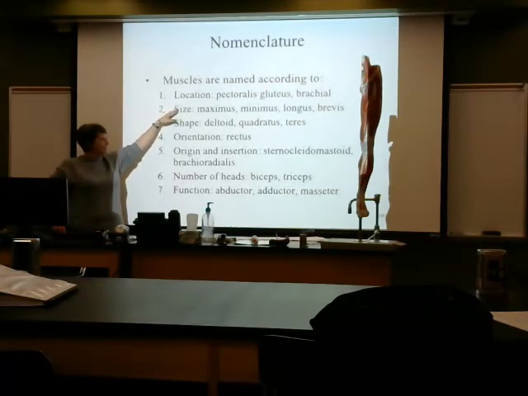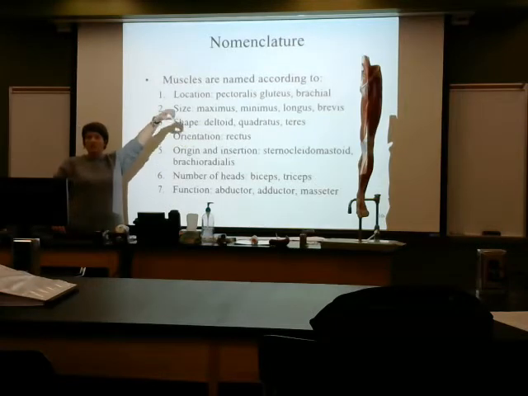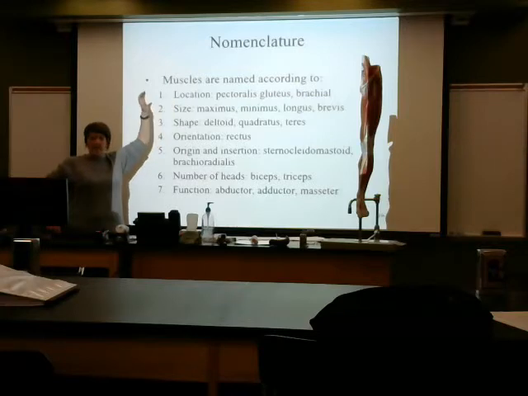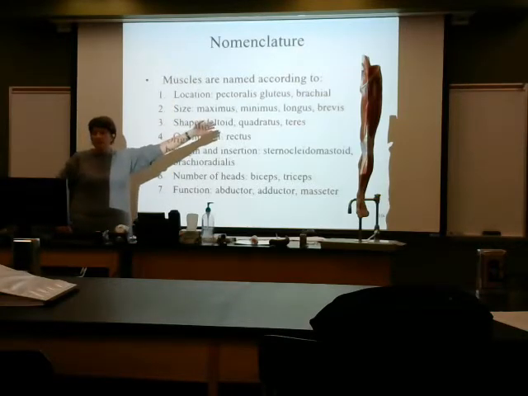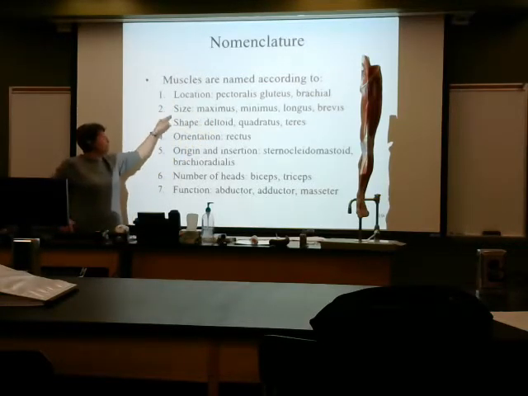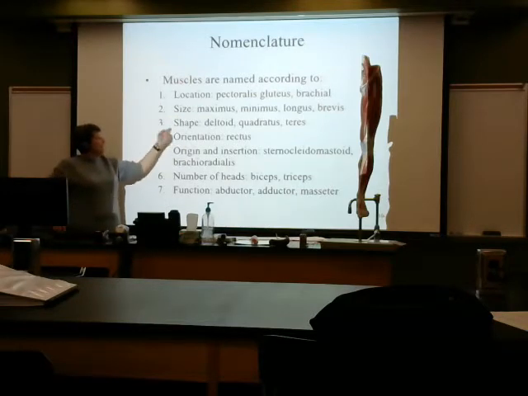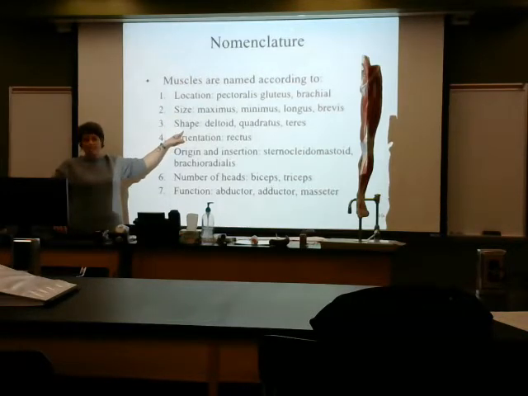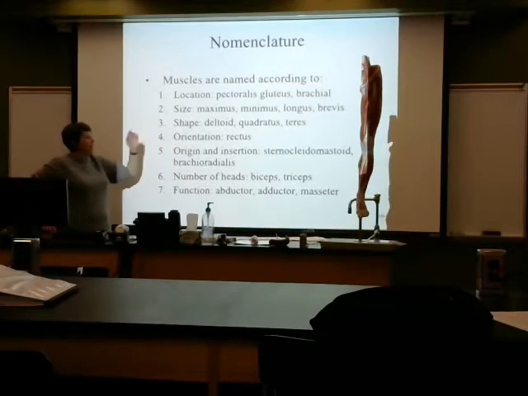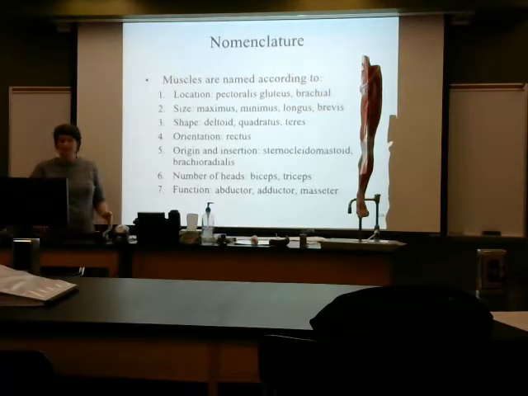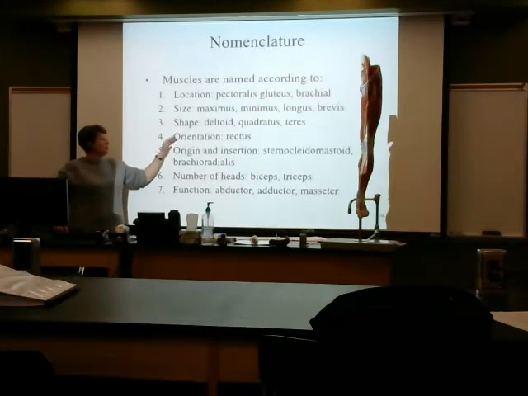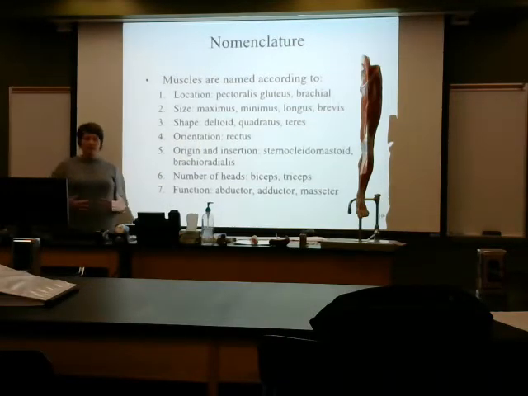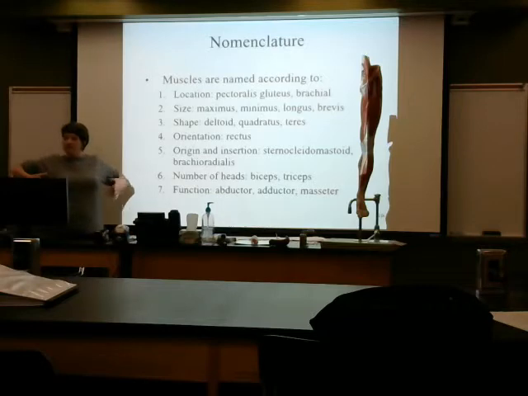The pectoralis major, the pectoralis minor, adductor longus. I can be told what the size of it is. I can be told the shape. My teres major, teres minor. I can be told my orientation, rectus abdominis, letting me know the type of parallel there is.